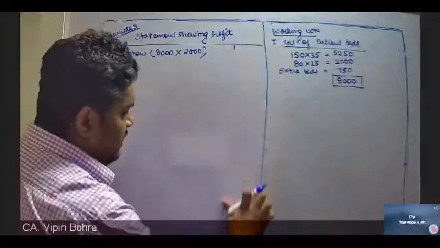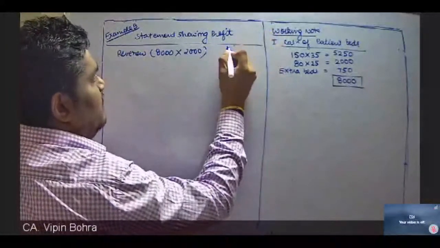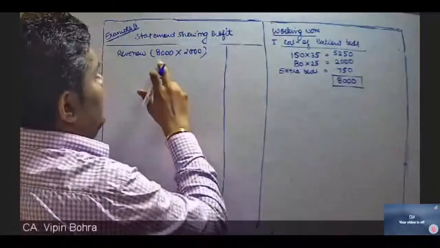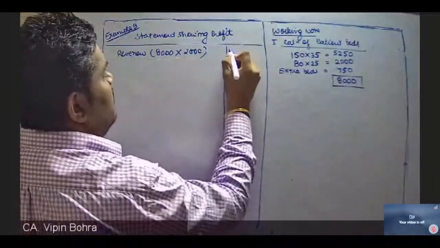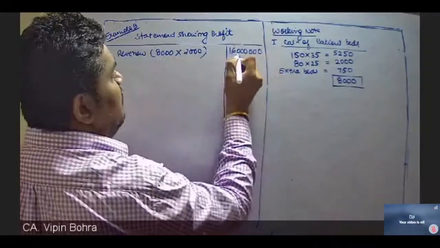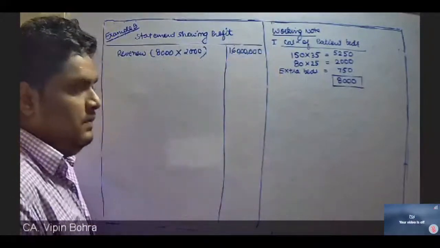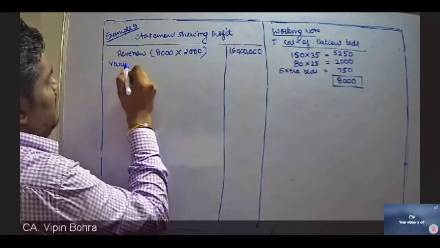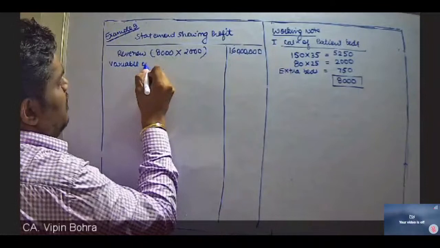The total revenue is in lakhs now, so I have to increase the size of the column. 8000 into 2000 is 1 crore 60 lakhs. Now since it is an income statement, let's first write down the variable cost.